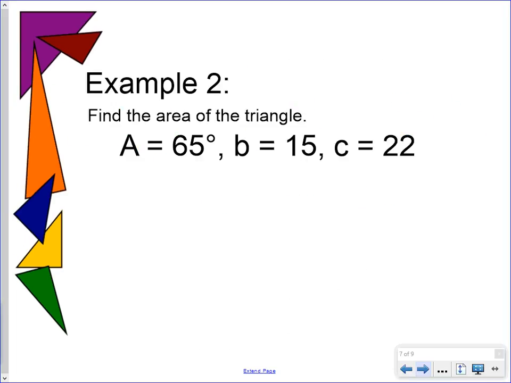Find the area of the triangle if A is 65 degrees, B is 15, and C is 22. If you want to draw a picture, by all means you can.